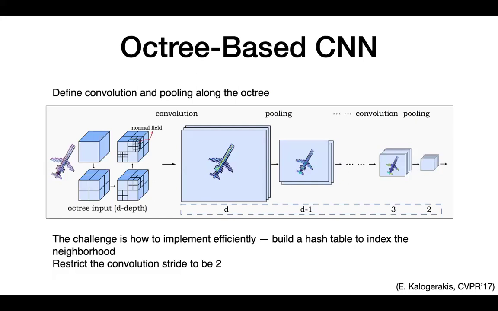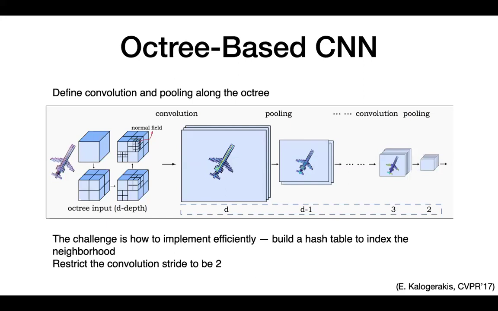So we have some objects converted to a volumetric representation, and we create an octree with this volumetric representation. And then we are going to do the same operations that we did for other convolutional neural networks, like for images or voxel grids, with this octree.